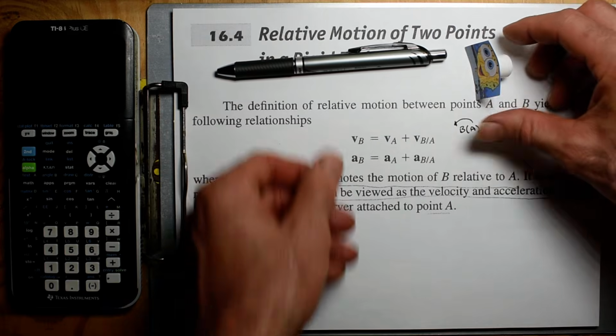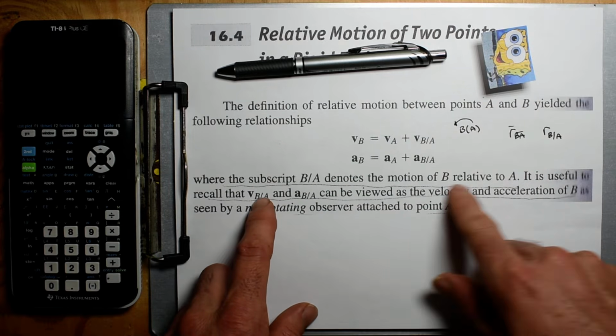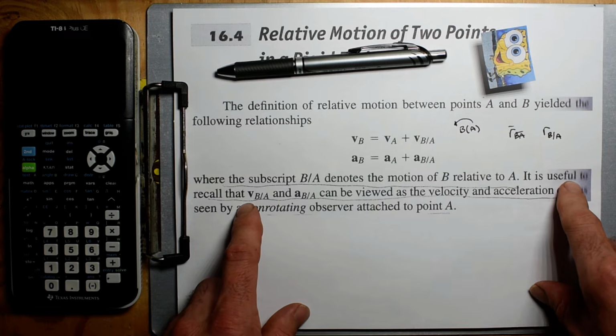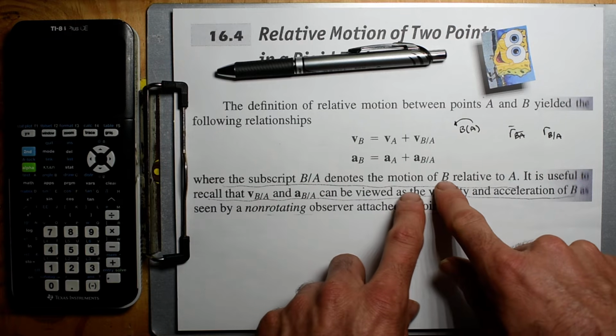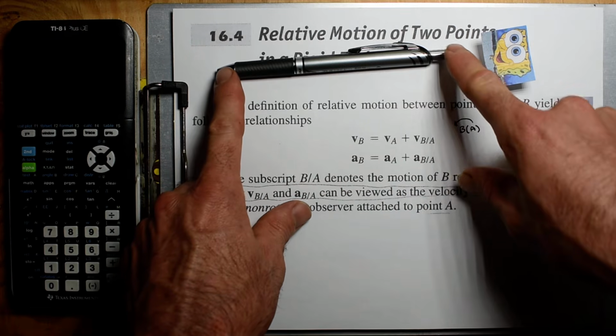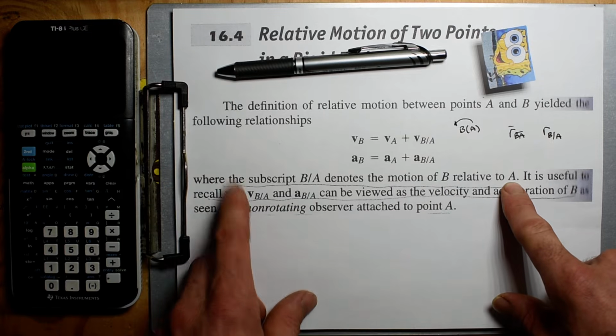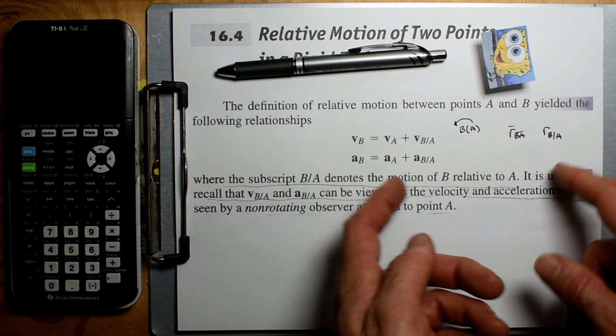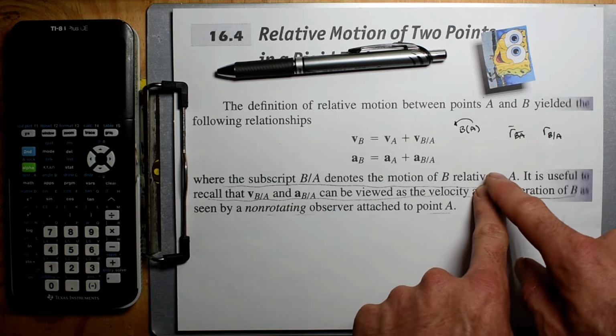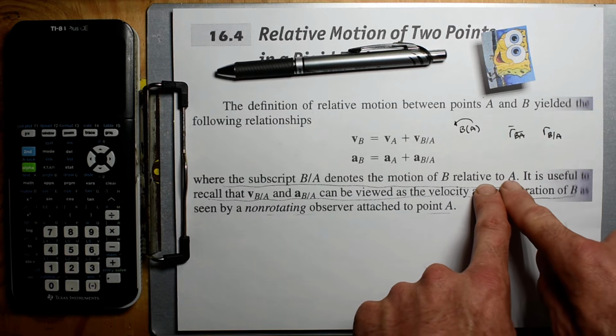And so let's read this definition. It says, it is useful. Let's read this subscript. So this subscript denotes the motion of B as seen from A, or relative to A. It doesn't even see, as seen is just something that we can say. But if you are going to use that term, as seen from A, let's read on.